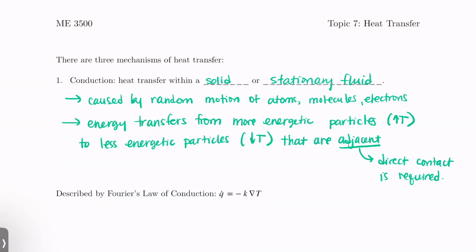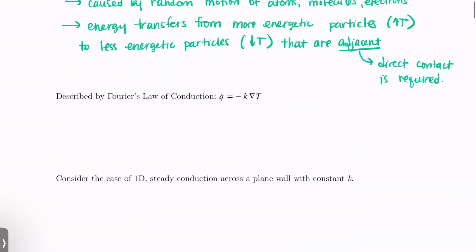Okay, so conduction is governed by Fourier's law of conduction. We have that Q dot is equal to the negative conductivity of the material times the gradient of the temperature. I'm going to put a subscript on these so that we know what mechanism the Q dot is referring to.